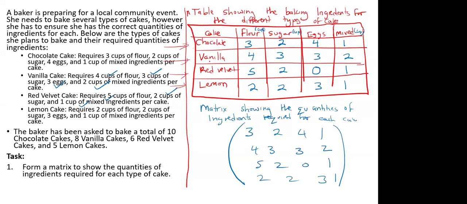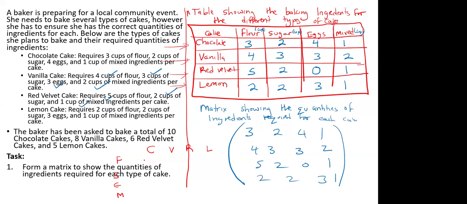If you are to use that approach, then change here. Instead of having 3, 2, 4, 1, have the chocolate here, the vanilla here, the red velvet here, and the lemon here, such that you have your ingredients as flour, sugar, eggs, and mixed ingredients.